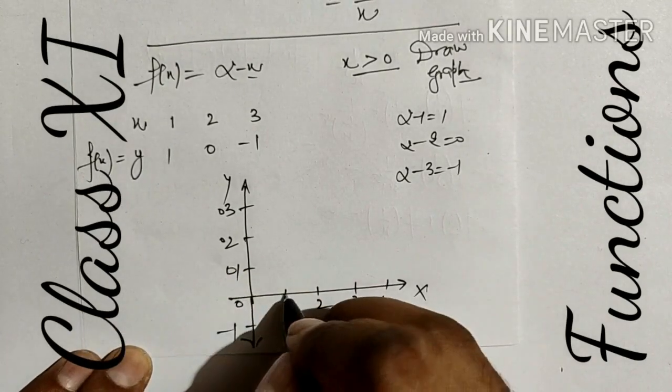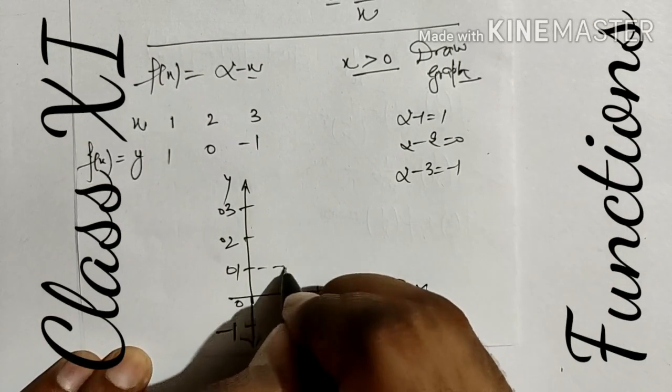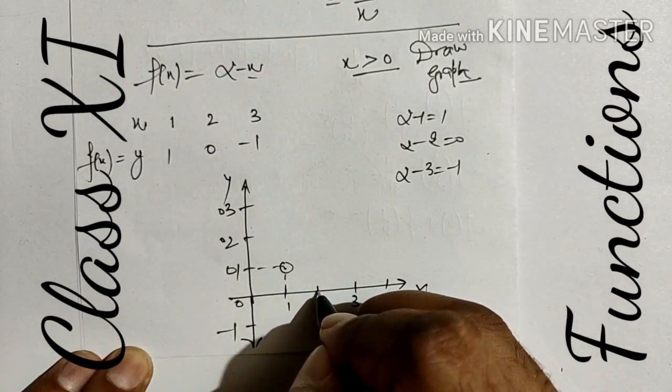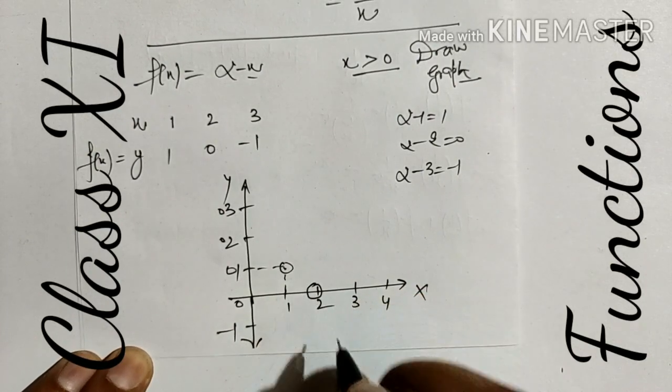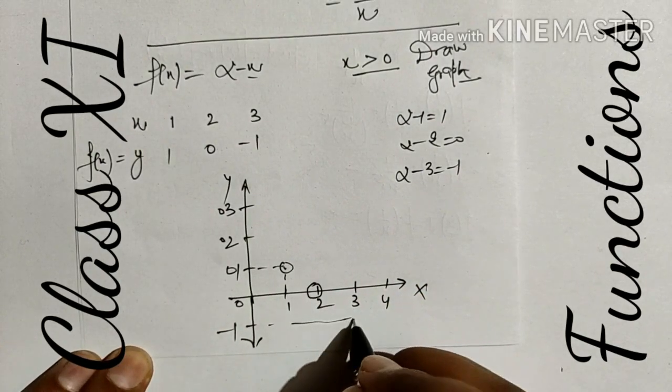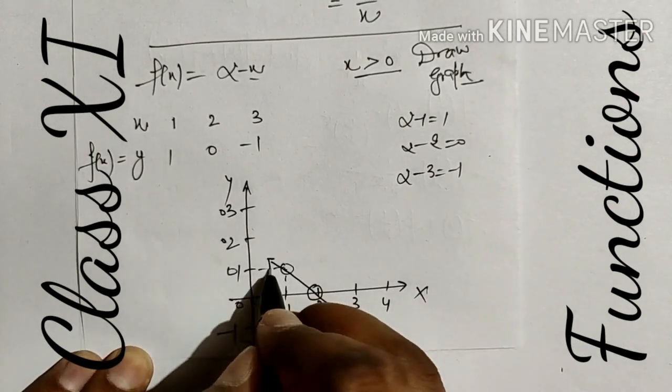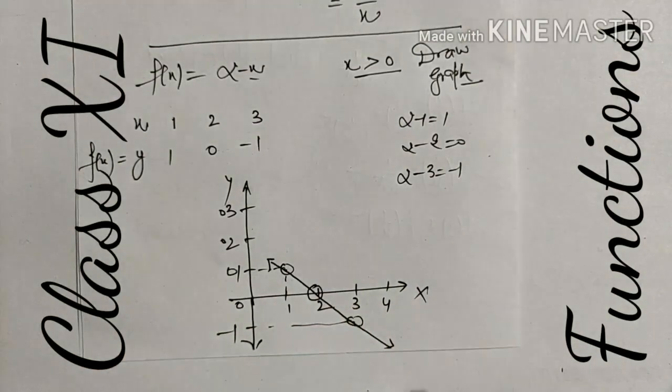First both are 1, 1. Next, at 2, 0. Next, at 3, minus 1. Like this, we get a straight line. So like this, we can solve by the graphical method. Thank you.